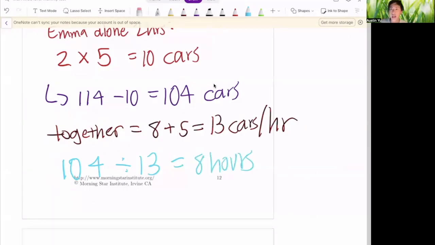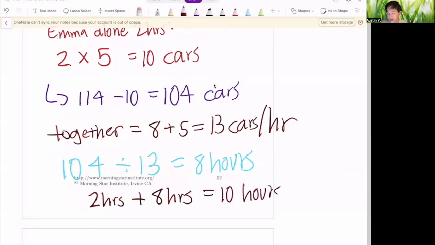So for the total time, remember, we have to add the 2 hours that Emma worked alone as well, right? So 2 hours plus 8 hours that they work together is going to be 10 hours. So 10 hours is going to be your total time to complete 114 cars.